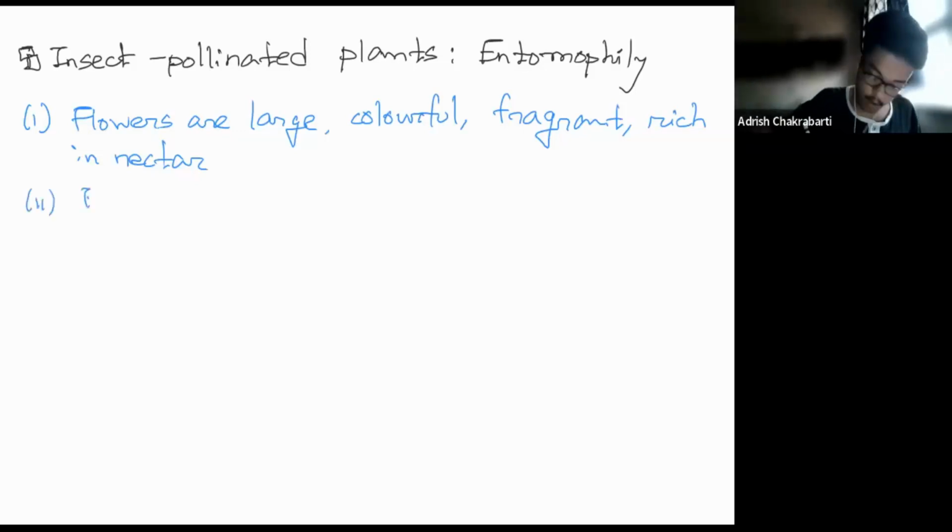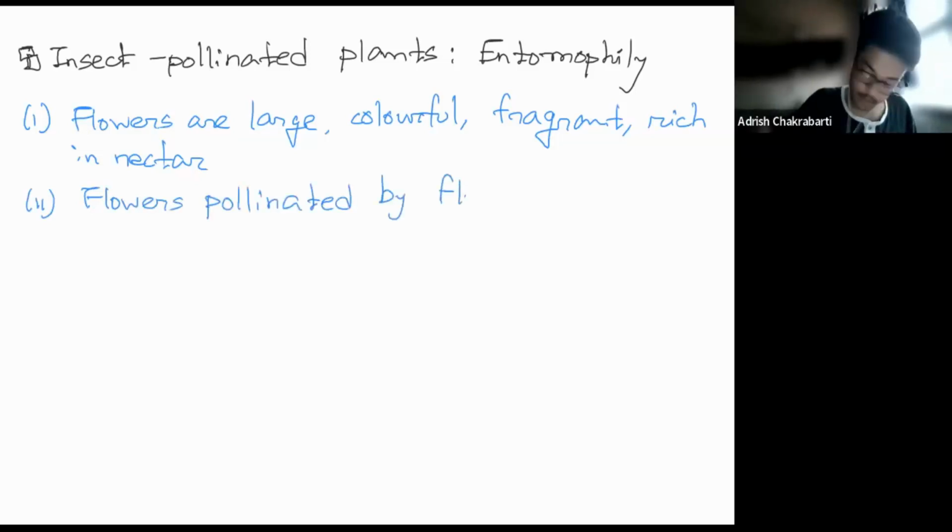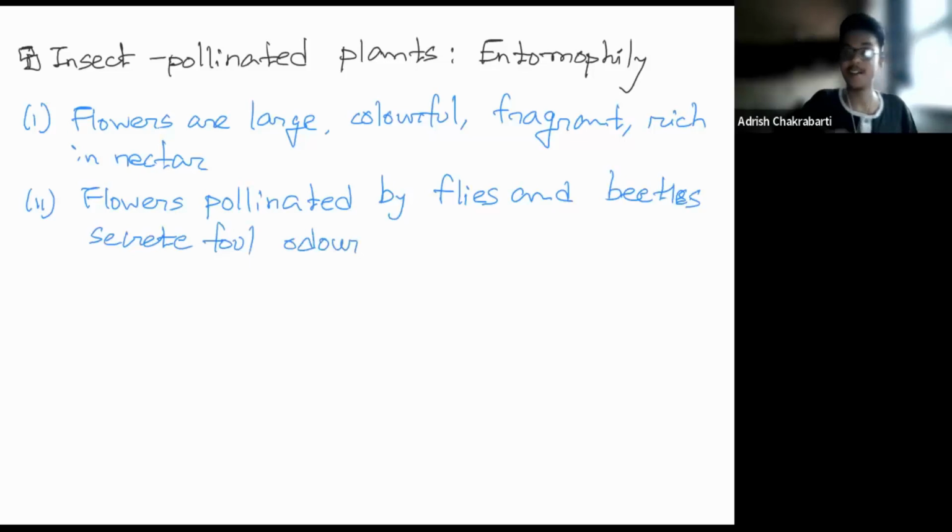This is important: flowers pollinated by flies and beetles secrete foul odor, like a bad smell. So it is not always that all the flowers' fragrance is good. Some flowers intentionally secrete foul odor to attract their respective pollinator, that is flies and beetles.